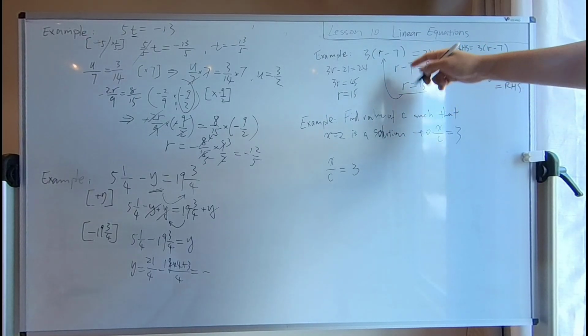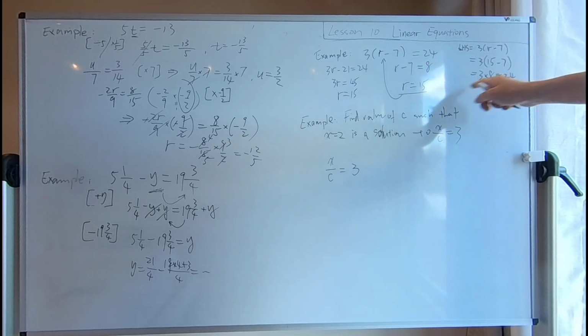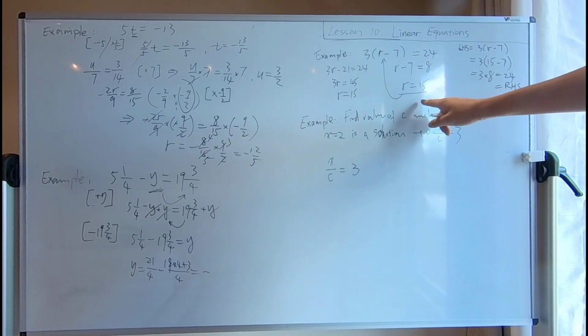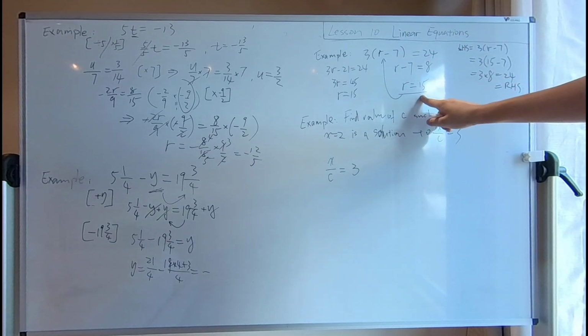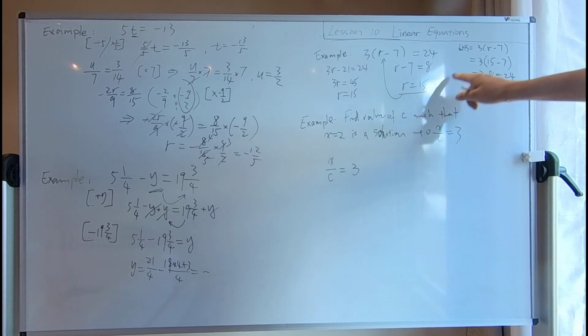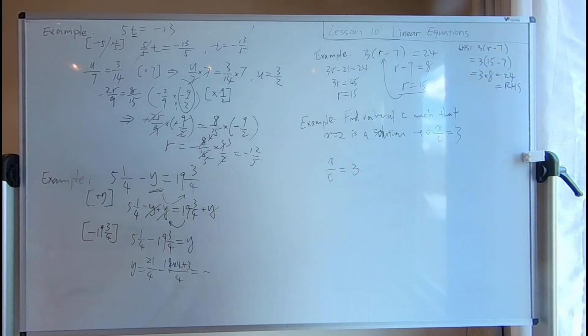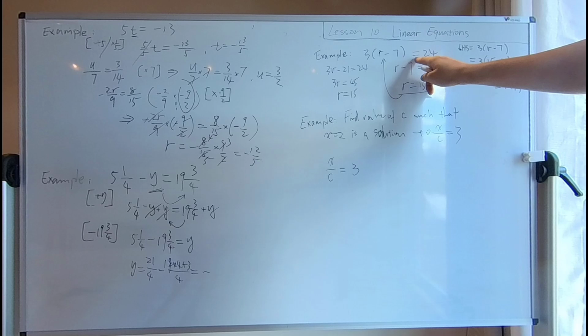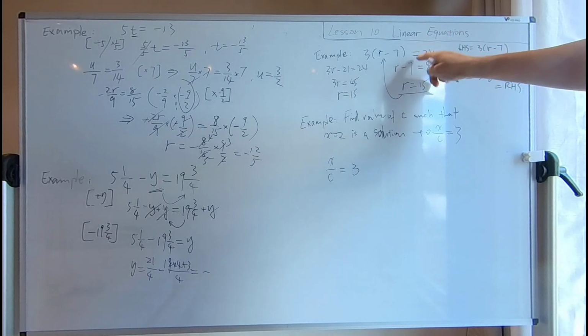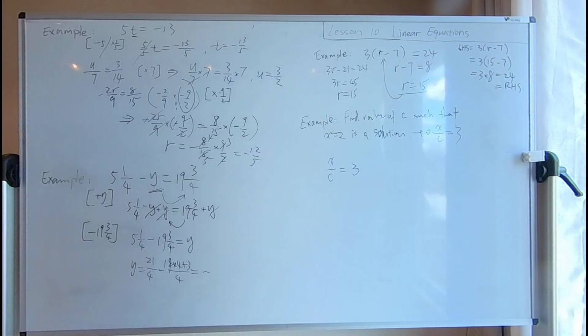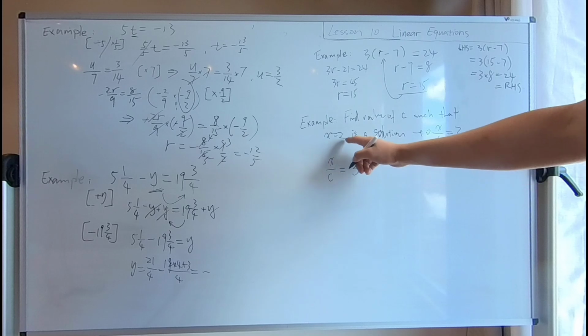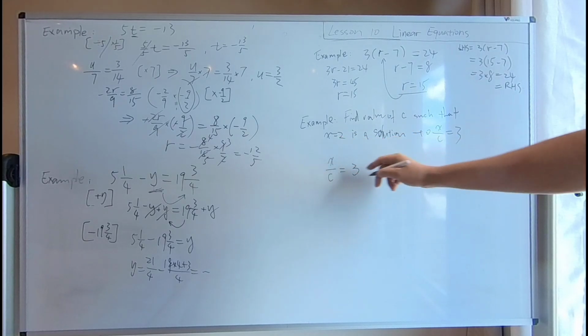So first, I can validate if my solution is correct. Second, if it is a solution, it means it can be plugged back into the equation, and the equation is still true. Basically, the equal sign is still true.